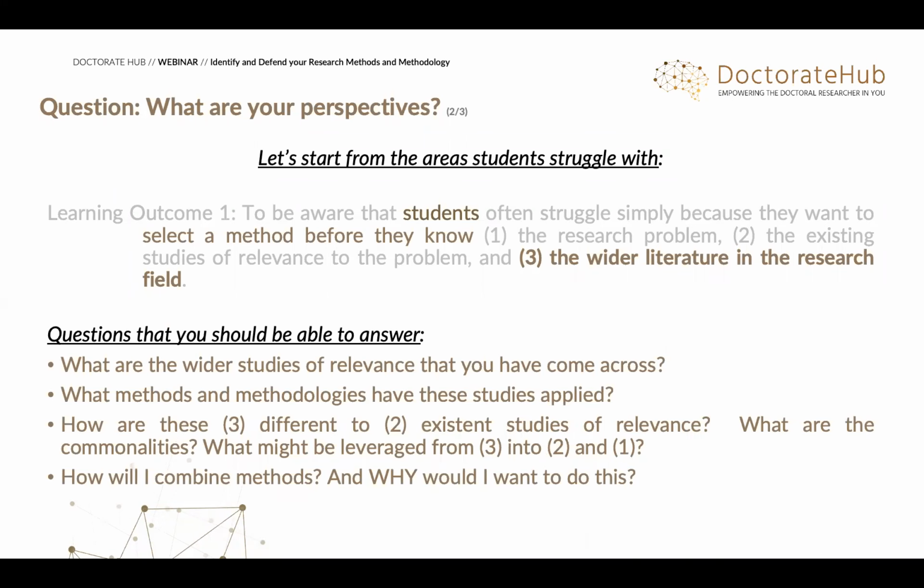Now, at that point in time, you should be able to understand what are the wider studies of relevance that you have come across, what methods and methodologies have these applied, how are these different to the existing studies of relevance, what are the commonalities, what might be leveraged from that into your research.